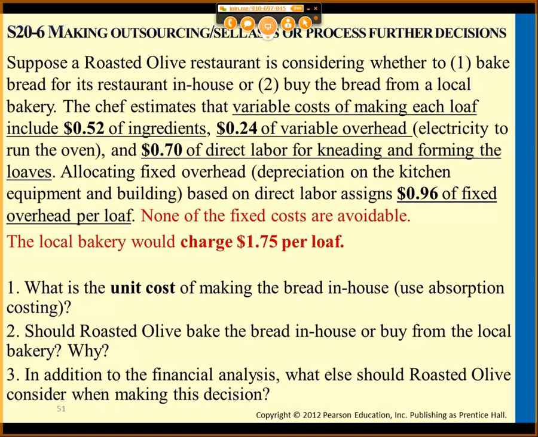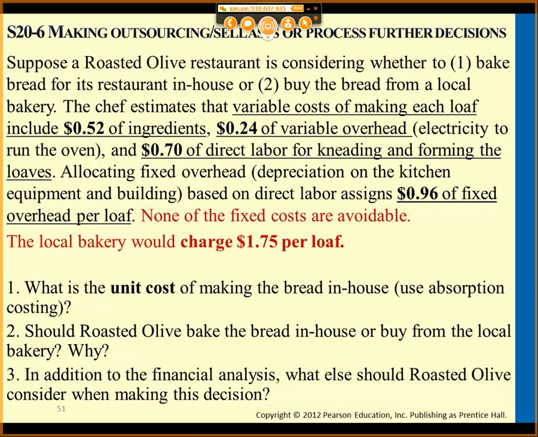That's going to include 52 cents for ingredients, 24 cents for variable overhead, and 70 cents direct labor for kneading and forming the loaf. So allocating fixed overhead, depreciation of the kitchen equipment and building, based on direct labor assigns 96 cents of fixed overhead per loaf. So none of the fixed costs are avoidable.